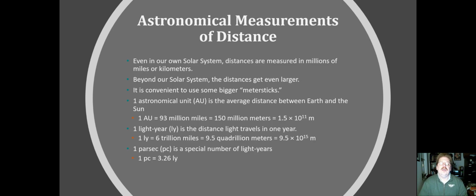For example, if we were just to keep things in kilometers, the distance between the Earth and the Sun is 1.47 times 10 to the 8th kilometers, or 147 million kilometers. That is a mouthful. That is a very large number.